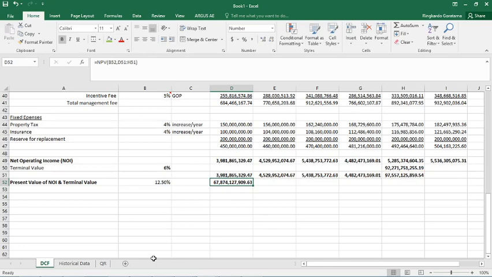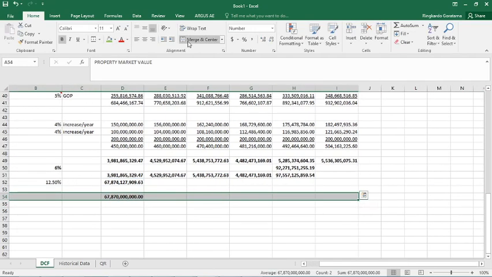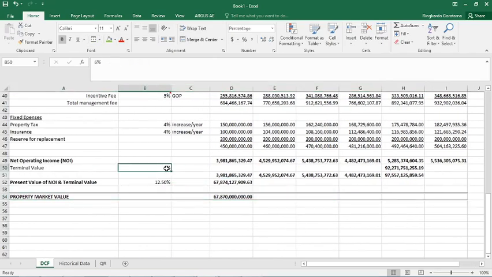Okay, so the property market value will be, let's say we just round it, 67 billion. So this will be the property market value.